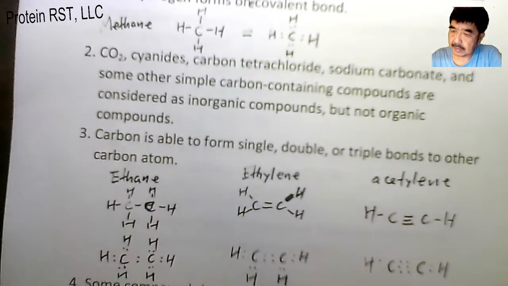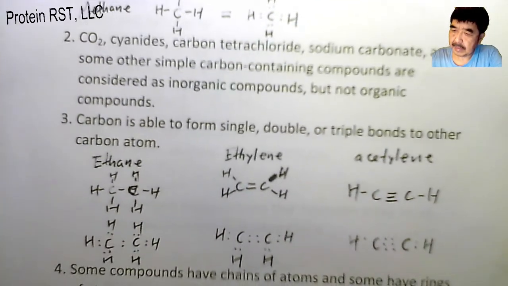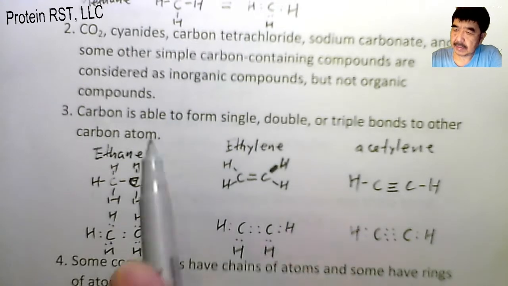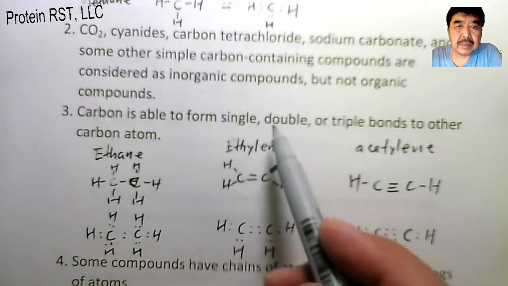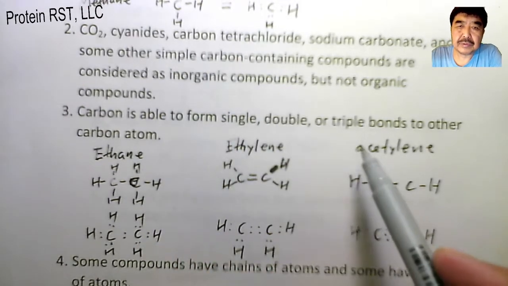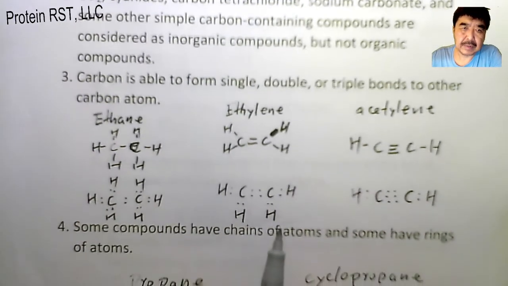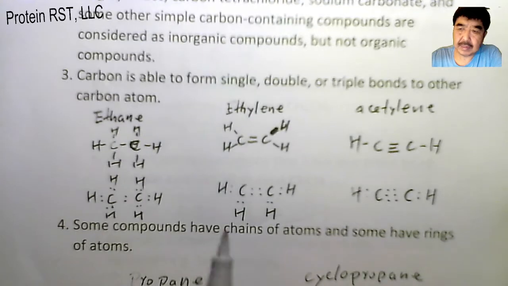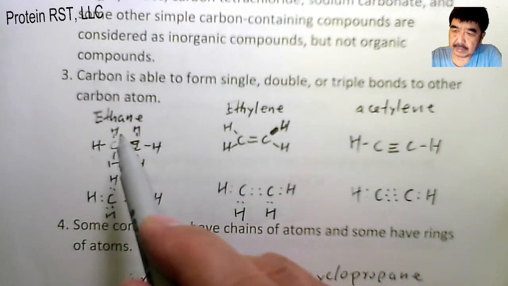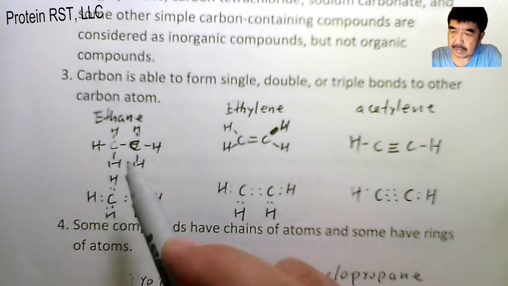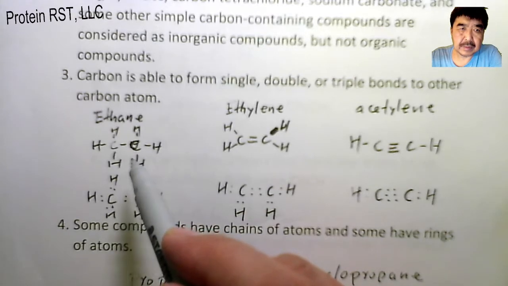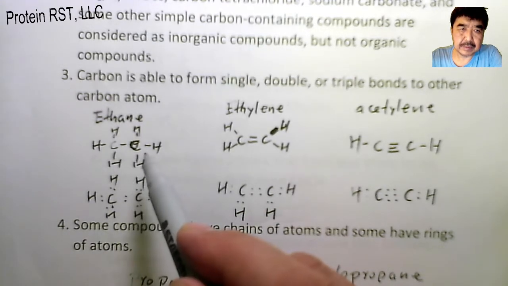Next, carbon is able to form a single, double, or triple bond to another carbon atom. Here we have the examples. The first one is ethane. Ethane is a 2-carbon alkane.